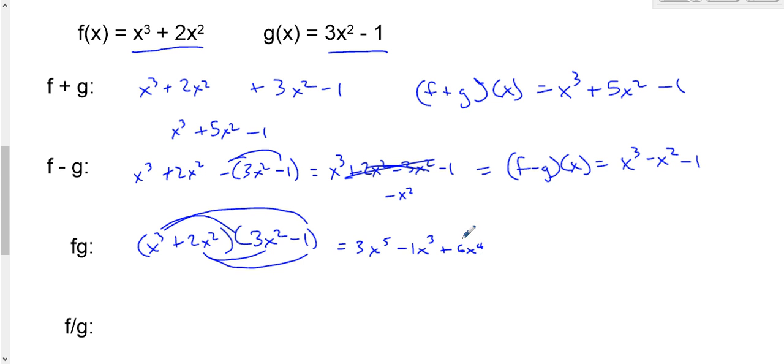And 2x squared times negative 1 is negative 2x squared. Now I look for anything to combine as far as like terms. I have nothing here. I'm going to write this in order though. So f g of x is going to equal 3x to the 5th plus 6x to the 4th minus x to the 3rd minus 2x squared.